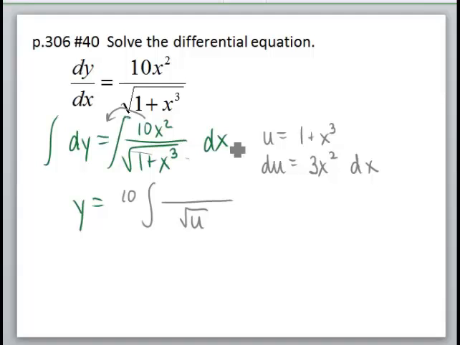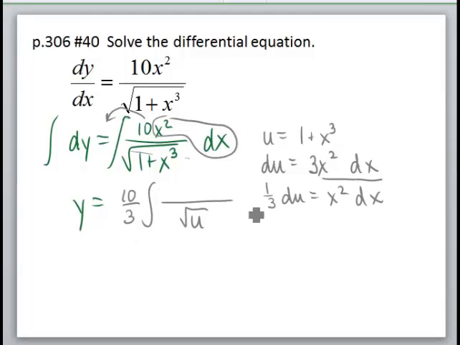And so I only need an x squared dx. Well, I only need the x squared dx, so I'm going to move the 3 to the other side. So it makes it a 1/3 du, x squared dx. So now I can replace my x squared dx with my 1/3, which would make that be 10/3 du. Now I'm left to integrate this, and I'll have to do that on the next video.